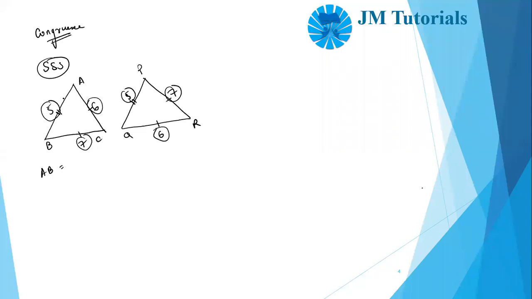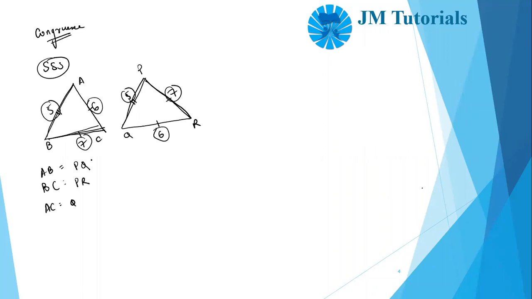Look at AB, AB and PQ are equal. BC is equal to PR. And finally, AC is equal to QR.